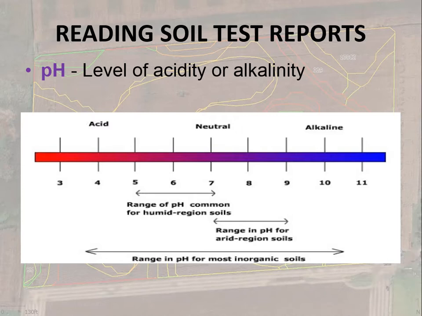If we have drier soils, then we want to see that pH a little bit higher, more alkaline. Once again, this is where we could start seeing fluctuations, and that's typically where we're going to have to add lime if we want to get that pH to come up. So that's another common thing that we typically are going to see on a soil test report.